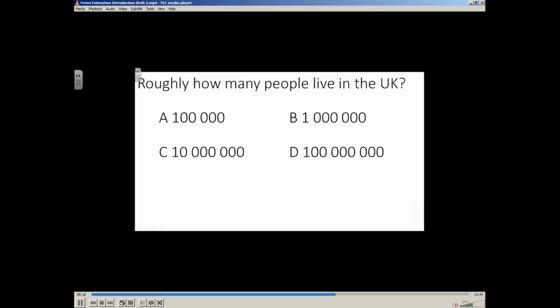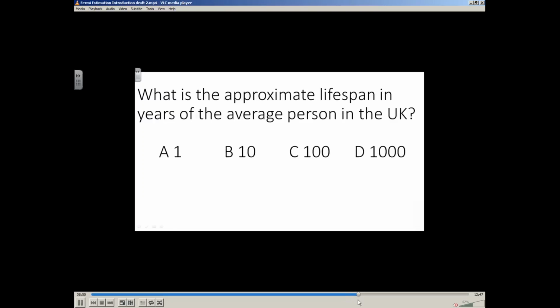Now we want to know about particular ages, so I suppose the next question is, how long do people in the UK live? Okay, let's come up with some possible numbers for the age that people live to in the UK. And here are some numbers. 1, 10, 100, or 1,000.